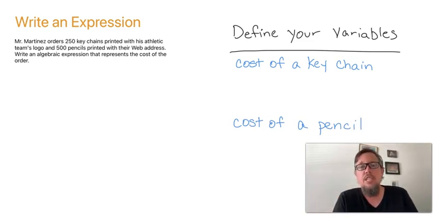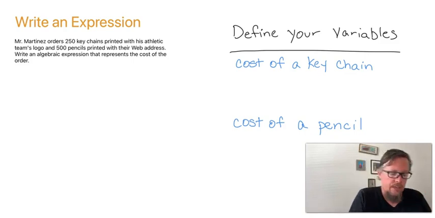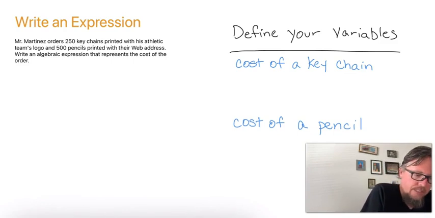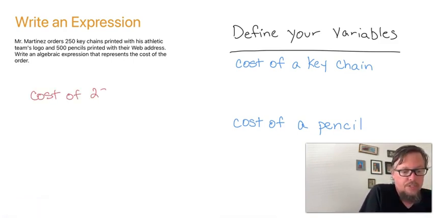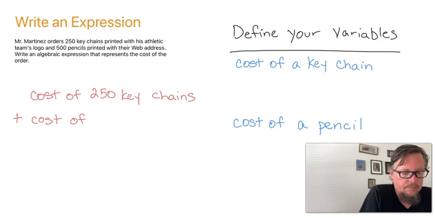That will tell us how much he spends just on pencils. Once we know the cost of all 250 keychains, we then add the cost of 500 pencils, and that will give us the cost of the order.